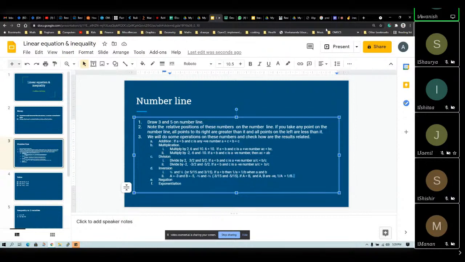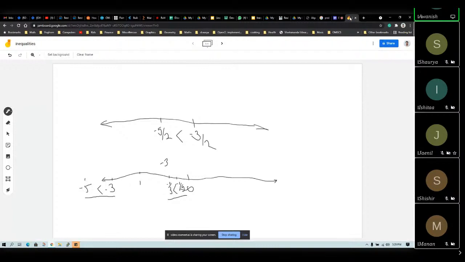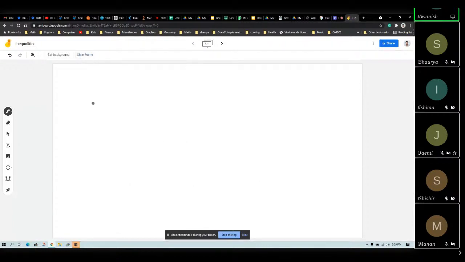So let's once again understand on the number line. Let me clear this again and let's draw both 3 and 5. So when we inverted them, they became like this. This was 1 by 3 and this was 1 by 5. So this was the relationship. 1 by 5 became first, 1 by 3 became later.